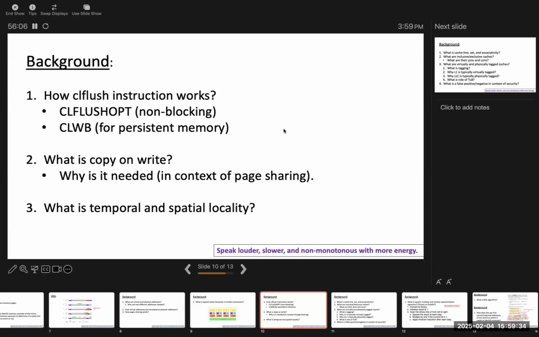Let's say I'm naming it page 1, and it redirects to page 2. As a result, process B now has its own copy of the data. From this point onwards, any read requests or write requests coming from process B will be directed to page 2. Okay, so this is copy on write.